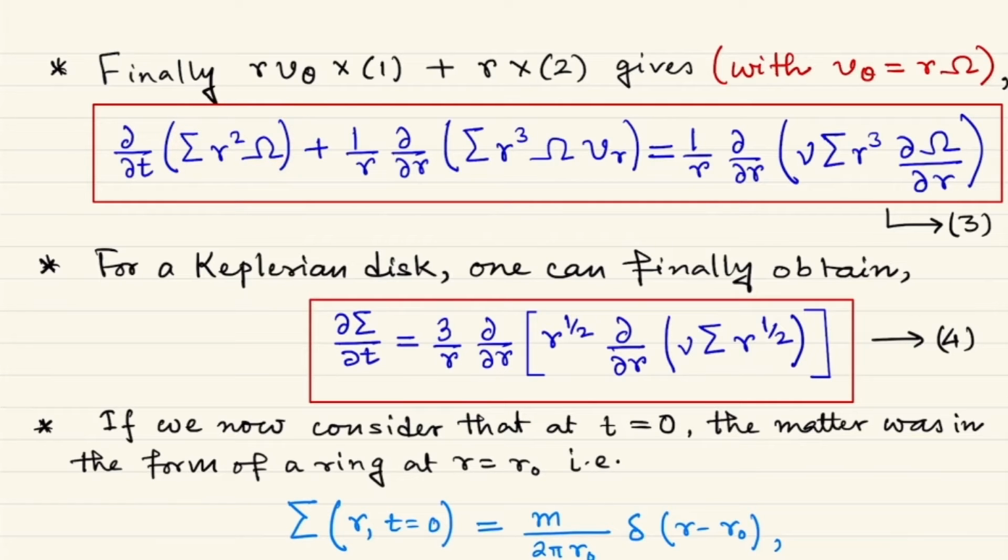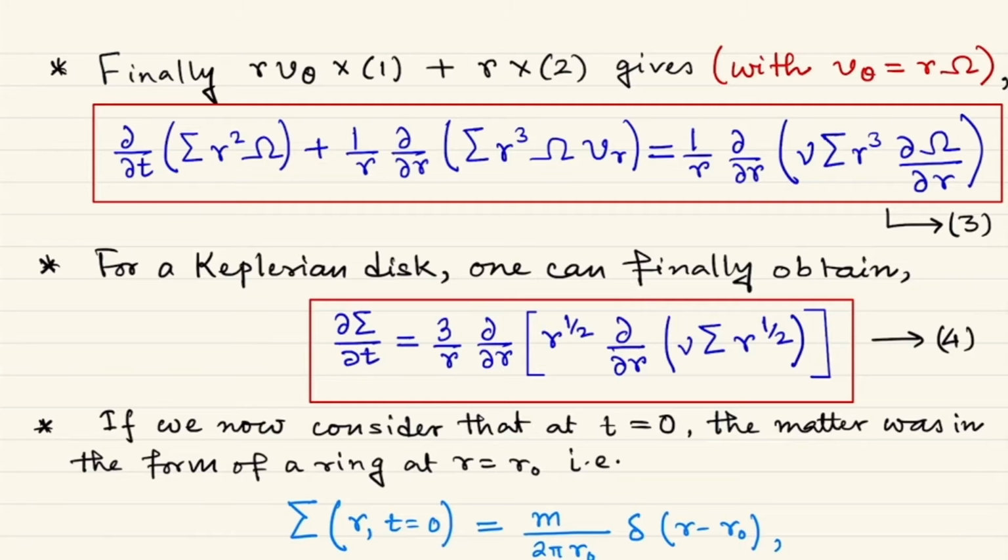This is nothing but the angular momentum density, integrated over z, of course, plus 1 by r del r of sigma r cube omega vr. I am also mixing up sigma and summation sometimes; this is sigma, not summation. And that is equal to 1 by r del r of nu times sigma r cube del omega del r.